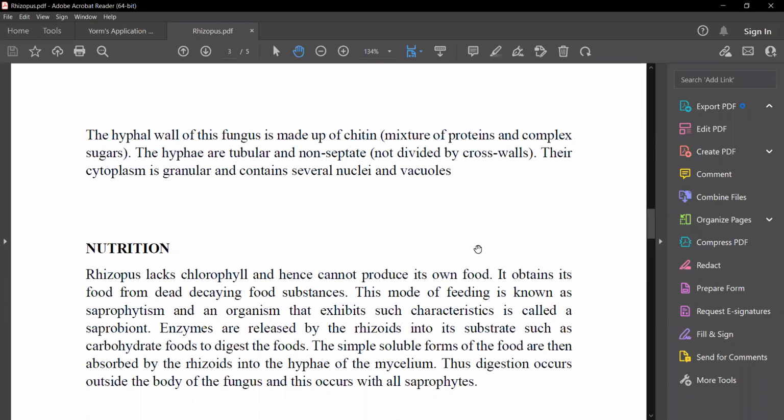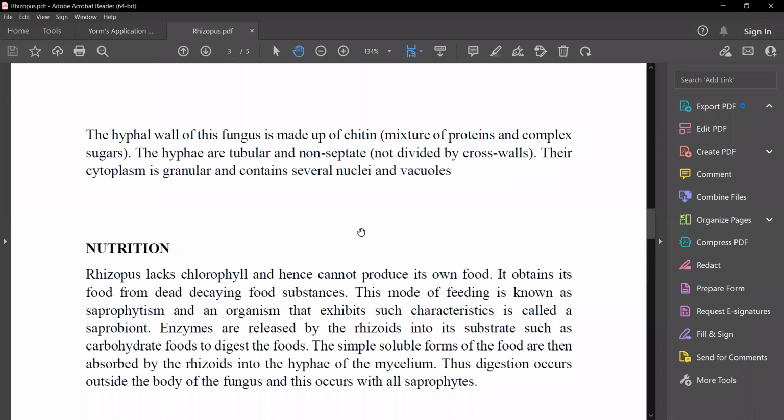Most of the time, because we said they are mostly found on carbohydrate foods, you have the enzymes breaking down simple sugars, and the complex sugars you find in these carbohydrate foods, into simple sugars. And then these soluble forms of the simple sugars are transported either by simple diffusion into the cells, and then the cells transport it through the hyphae and throughout the mycelium.